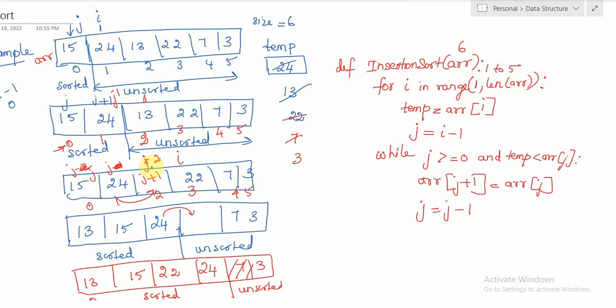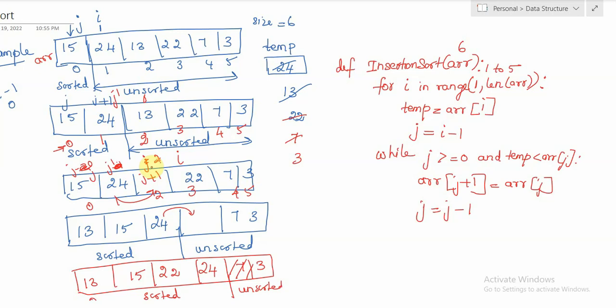After that, again we have to update the j value. So j becomes 1, which means 2 minus 1. Again j equals j minus 1. This is how the j value will be moving towards the left side.